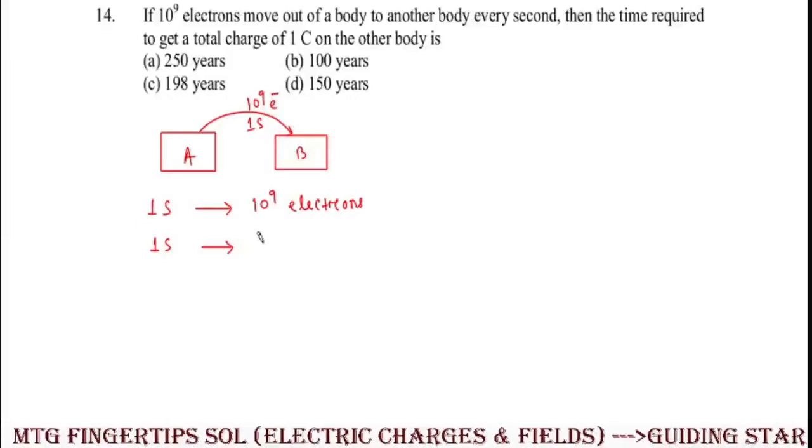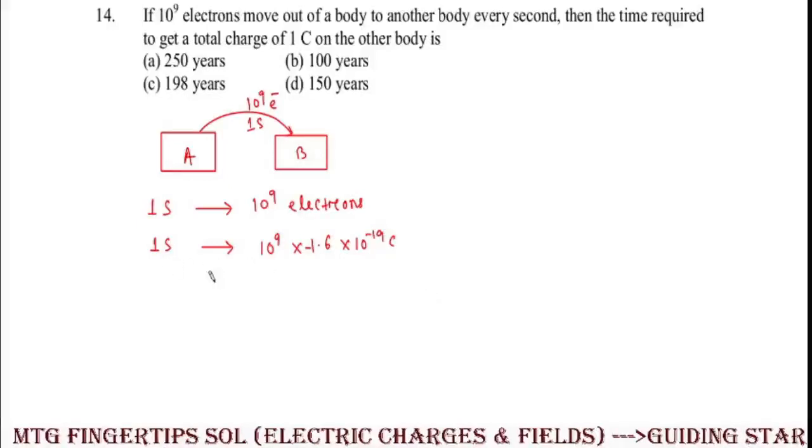If one electron has 1.6 into 10 to the minus 19 coulomb, then the negative charge moved from body A to body B is 10 to the power 9 into the charge of an individual electron, 1.6 into 10 to the power minus 19 coulomb. Generally it is taken as minus 1.6, but as we are already saying that it is negative charge, we can consider that one as positive.